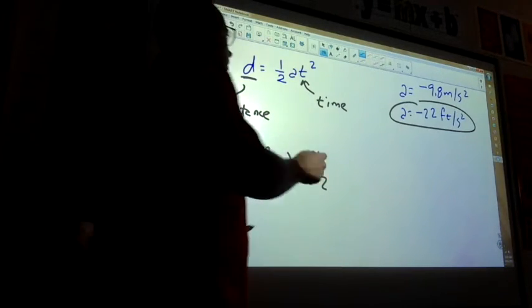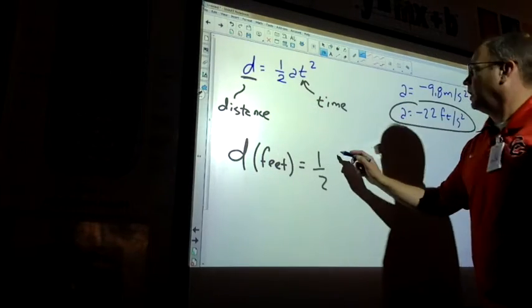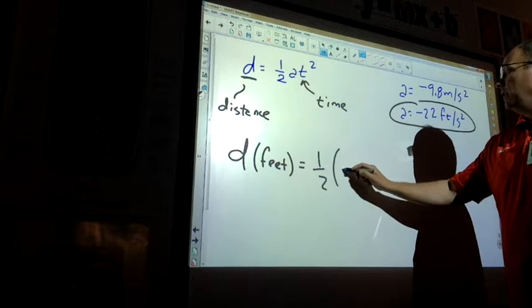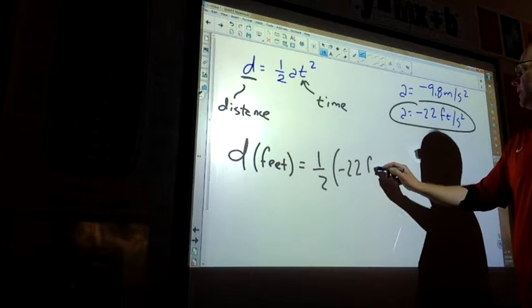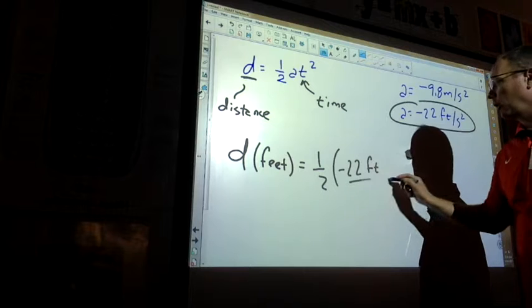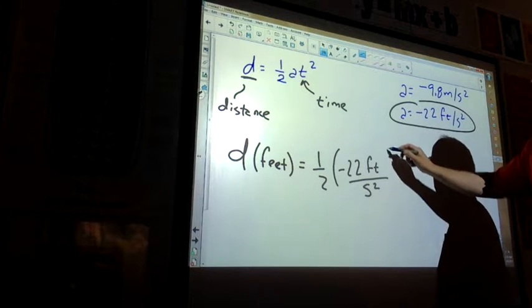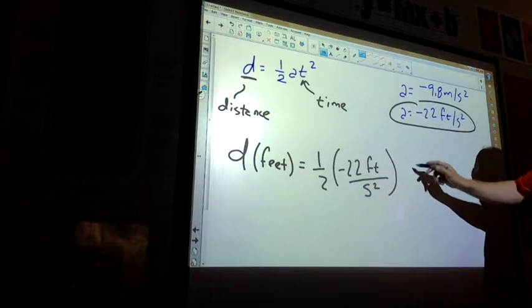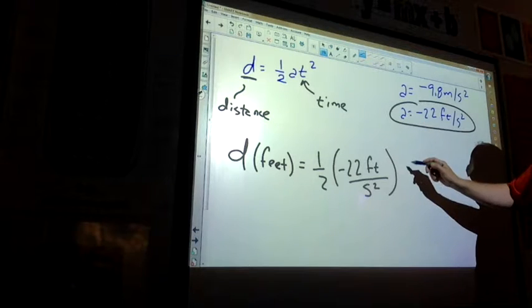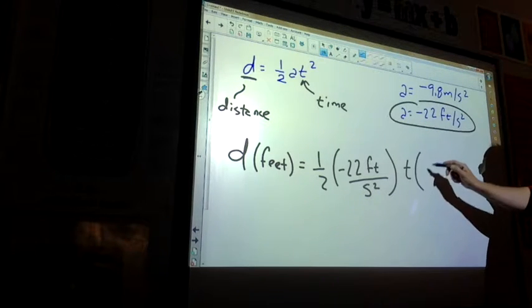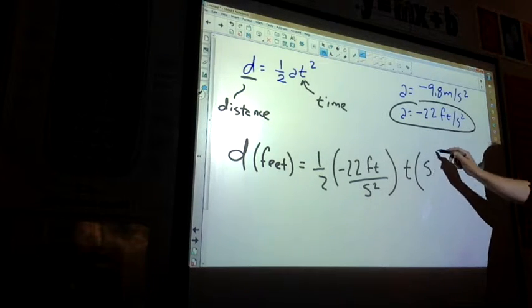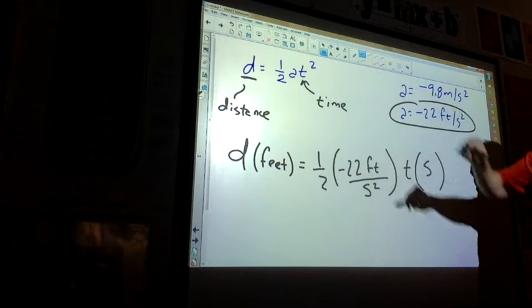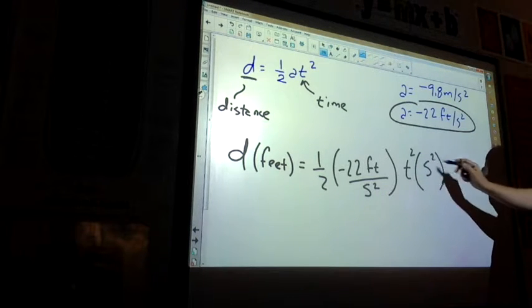It's always going to be that way. A, we're going to put in this place as negative 22 feet per second squared, is equal to time squared. Time in this case is in seconds, but what is being done to time up there? It's squared, then that has to be squared.